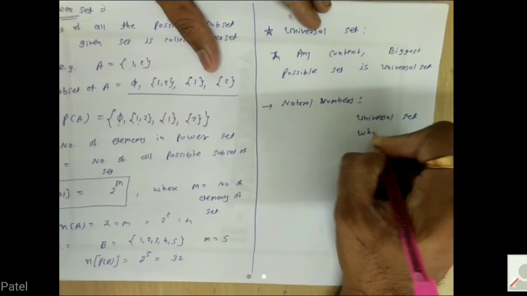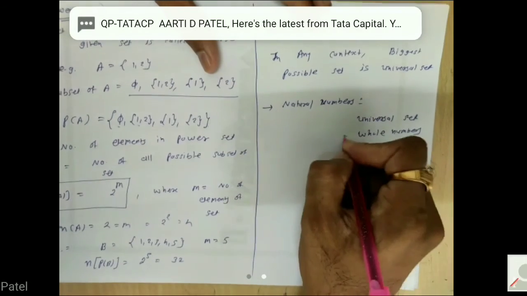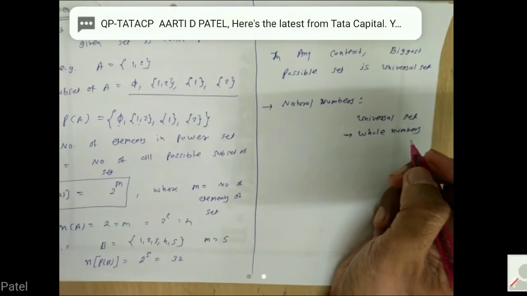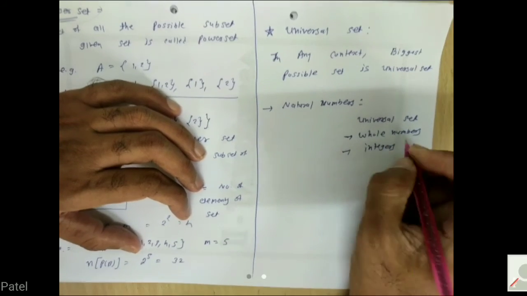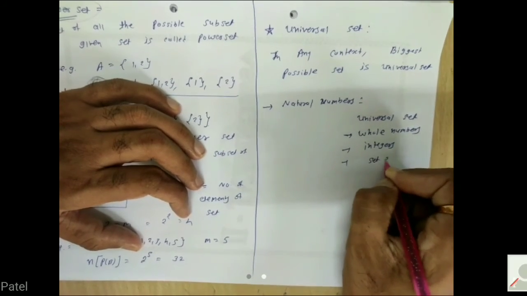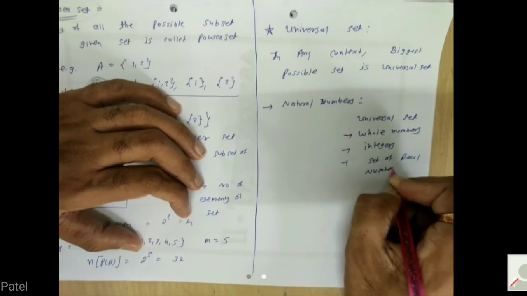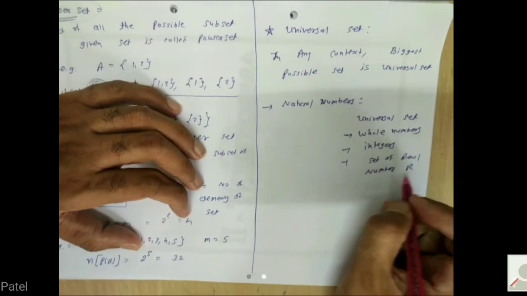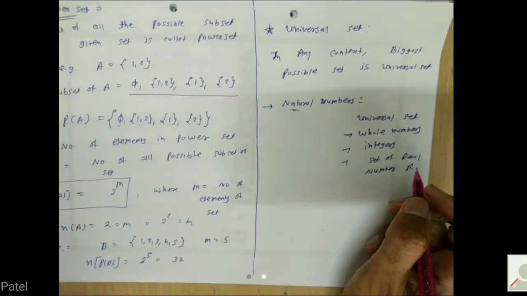Whole numbers can be a universal set for natural numbers, or we can say integers can be a universal set for the natural numbers, or we can say the set of real numbers R, because the real numbers are the biggest set containing the natural numbers, so it's a universal set for the natural numbers.